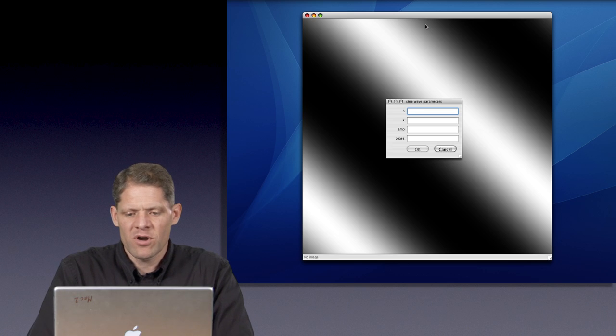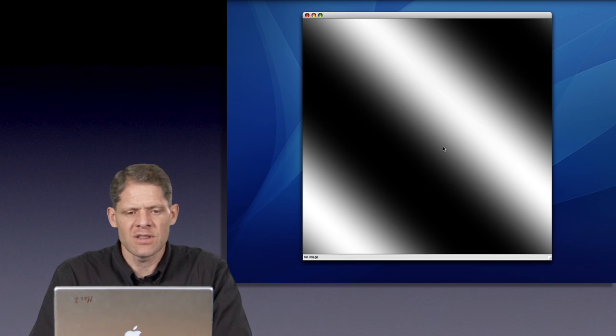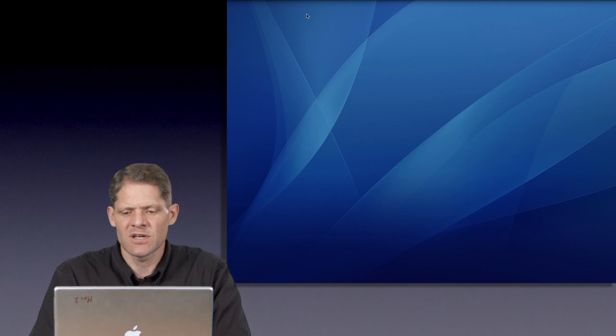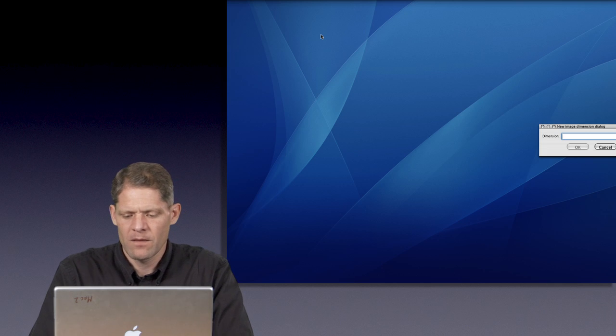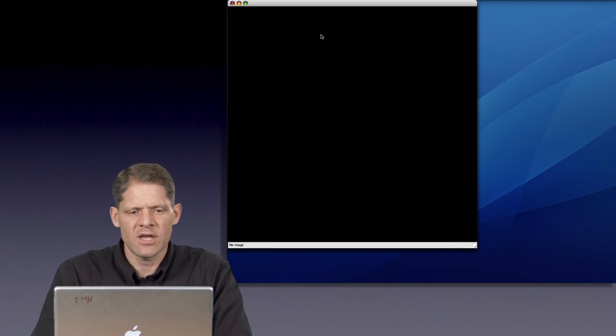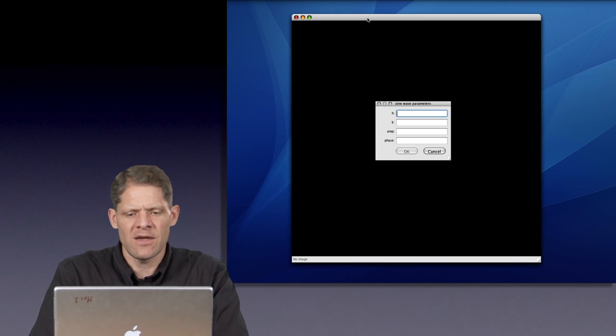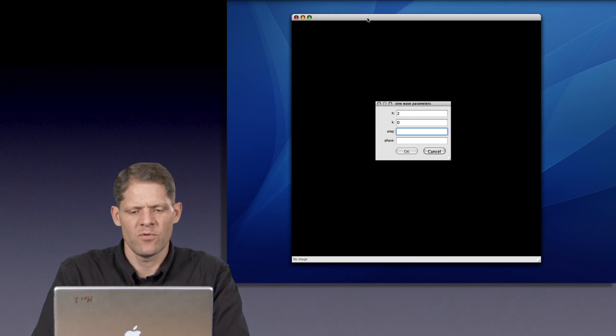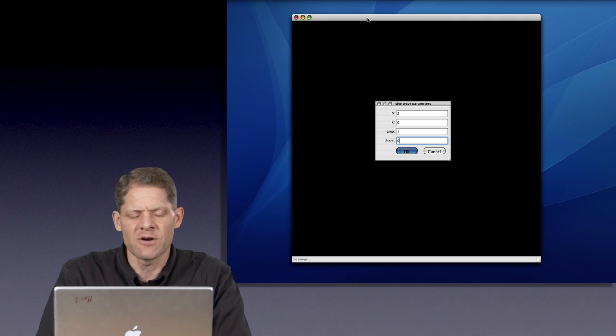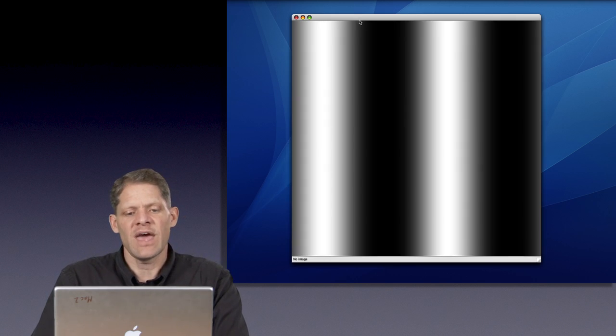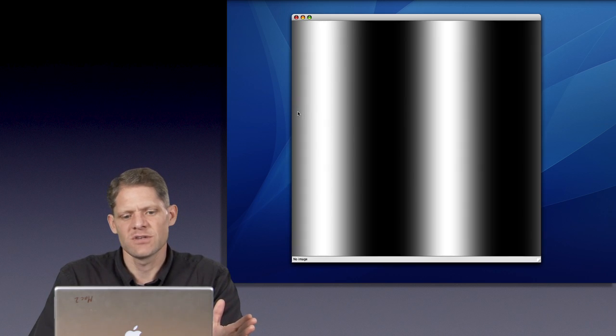Now let's look at some more complicated waves. Actually, let's get ourselves a clean screen and look at some more complicated waves. Let's add a 2, 0 wave with amplitude 1 and phase 0. Now what we have is two oscillations across the box in x.